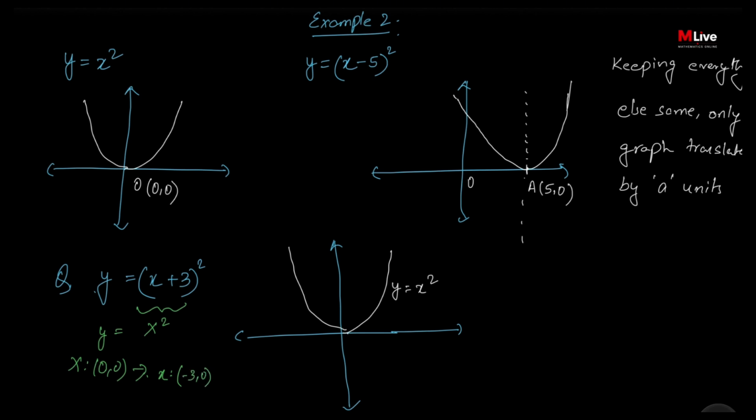So instead of going towards the right this time, my origin will move towards the left, and this point to which it will move is minus 3 comma 0. So at minus 3 comma 0, I'll construct an imaginary y-axis and create the parabola which is being shown here. So this concludes the lesson on translation across x-axis.